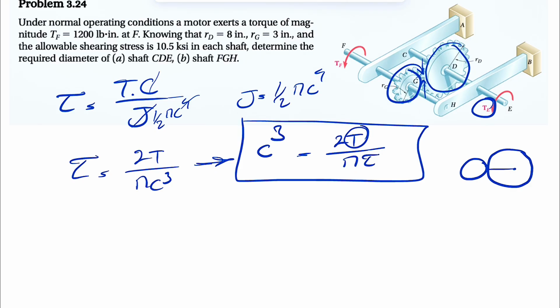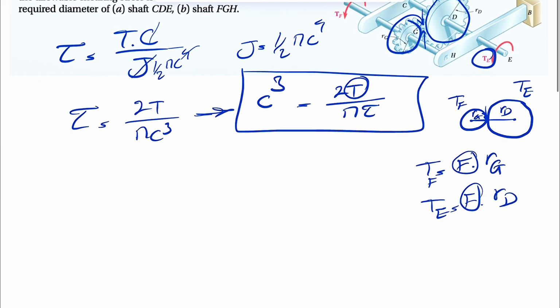So since the force between these two is the same, and the torque applied on each of them, the smaller one is TF and the big one is TE, and this will be our RD, and this will be our RG. We know torque is equal to force times the radius. We know the force is perpendicular to the radius because it's tangent to the circle. It's always perpendicular. So TF is F times RG, and TE is equal to the same F times RD.